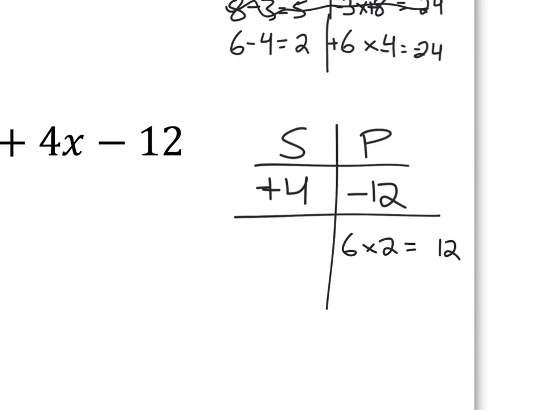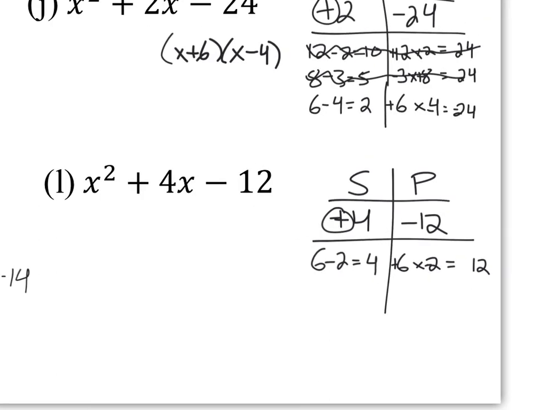You want to make a negative, so we're going to take the sign of the sum. This time it's a positive. And we're going to put it with our bigger number. That means that the 2 is going to get the negative. 6 minus 2 is 4. The two numbers that you should have found were x plus 6, x minus 2.